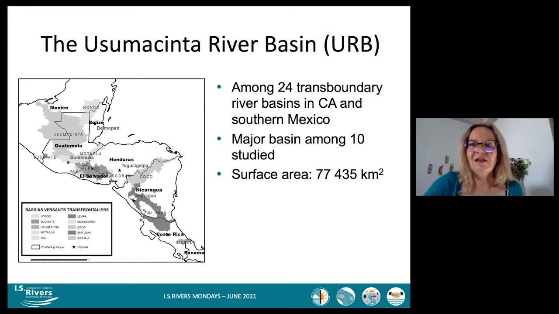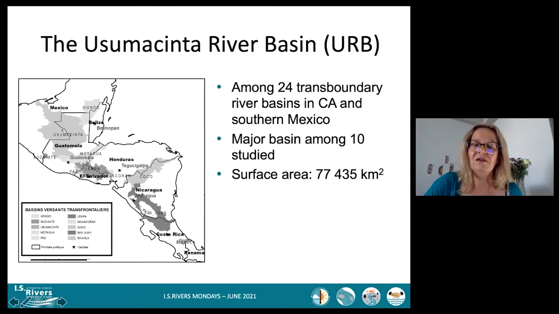Usumacinta is a river basin that crosses borders. It's part of one of the 24 cross-border river basins that we find between northern Panama and southern Mexico. We've worked in 10 of these 24 river basins, as you can see on the map in different colors.